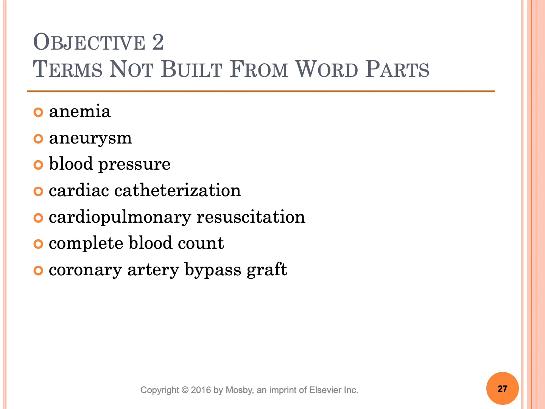If those become blocked or the flow of blood is impeded, the heart's not getting oxygen like it should, and that can cause angina, which is a pain associated with blockages of those arteries. So they can harvest another vessel, like a vein from the leg or a vein from the arm, and use it as a bypass to hook in above and below that blockage and restore blood flow.